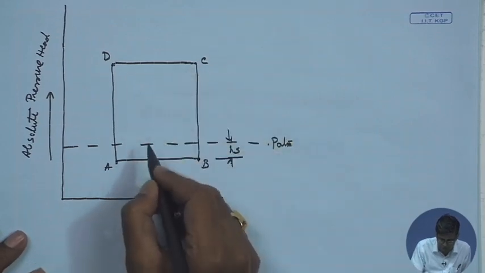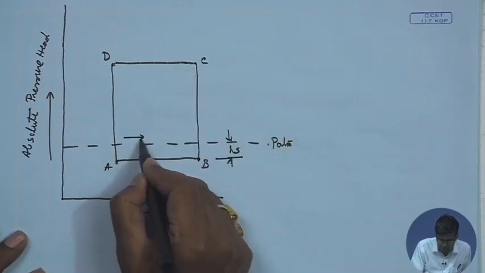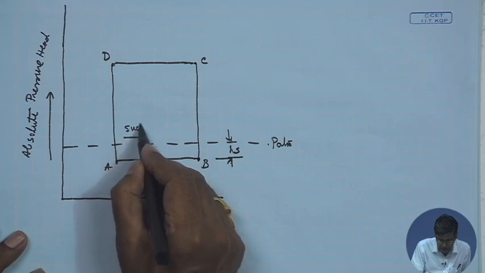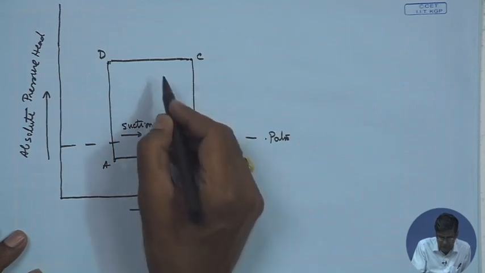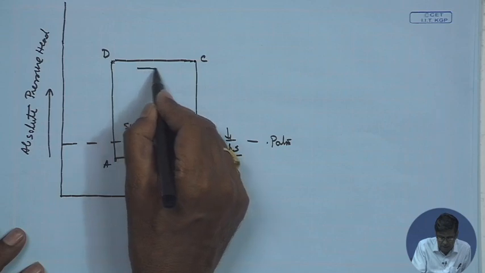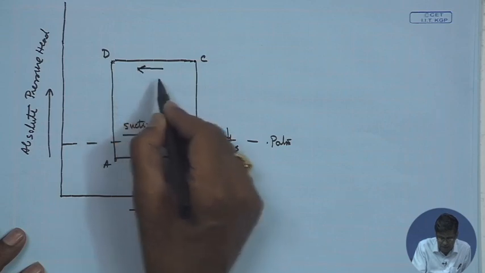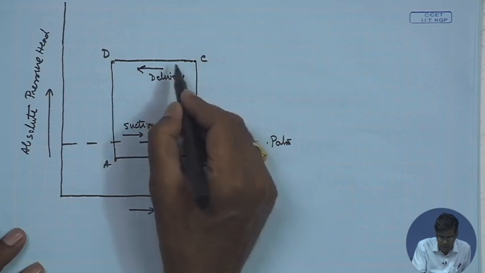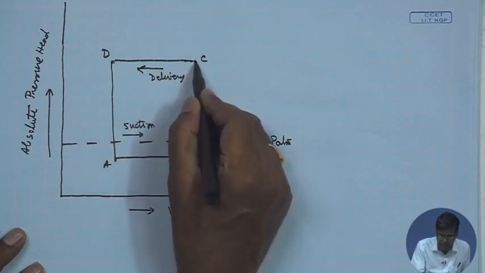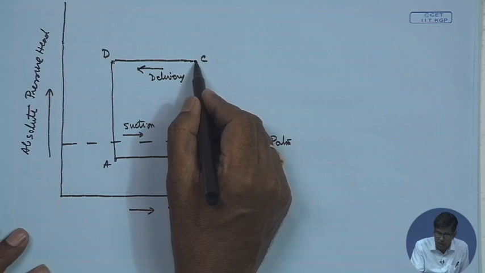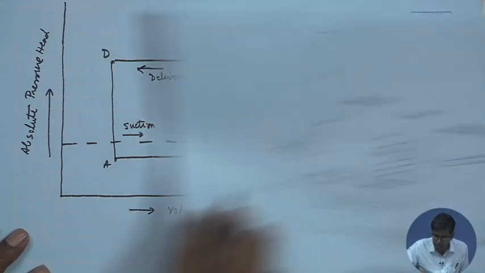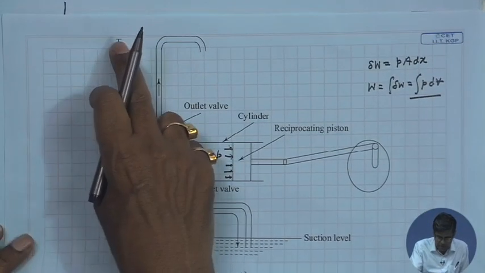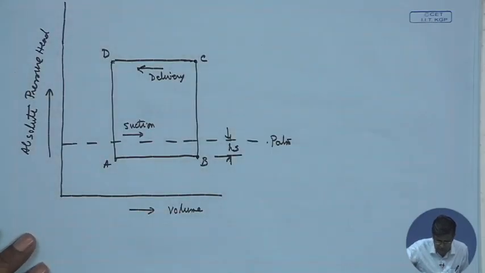This is the direction of suction, and again at the delivery, this is the delivery line, delivery direction. So, pressure is raised to the delivery pressure, that is equal to HD, the delivery lift, HD.